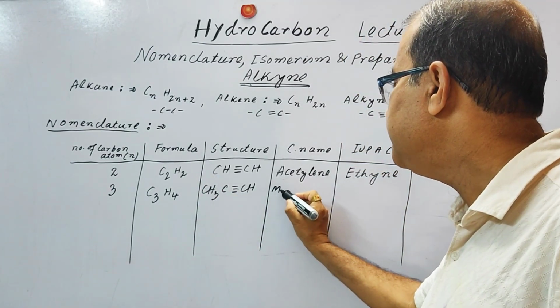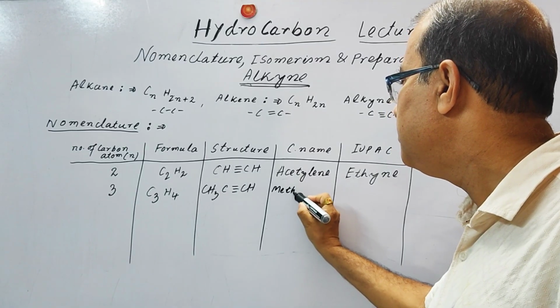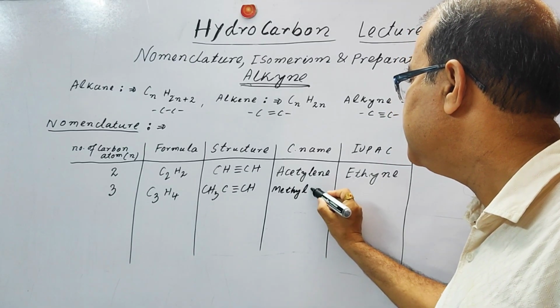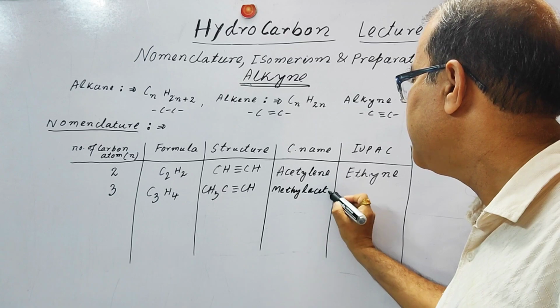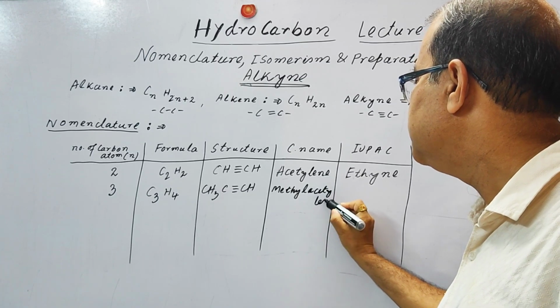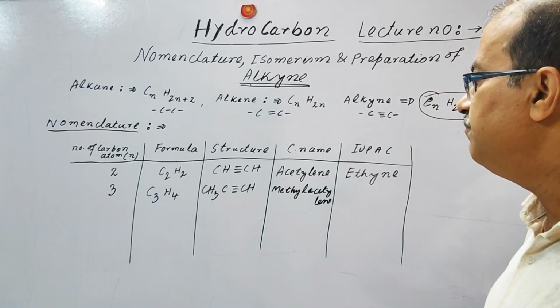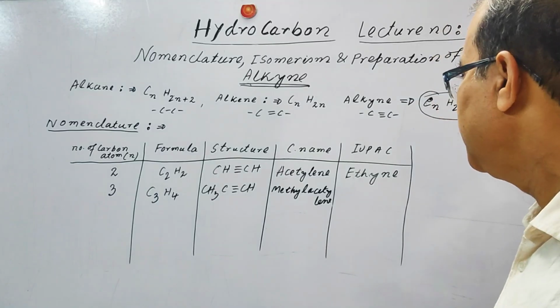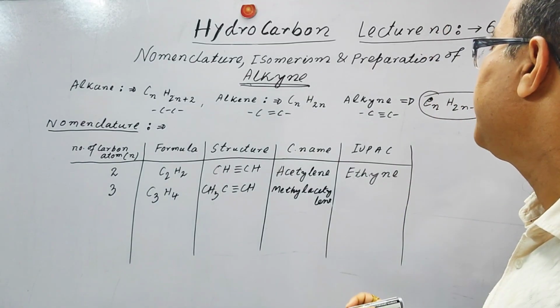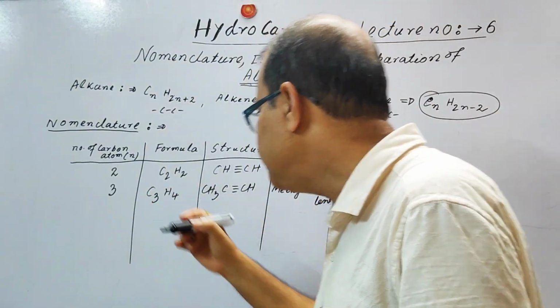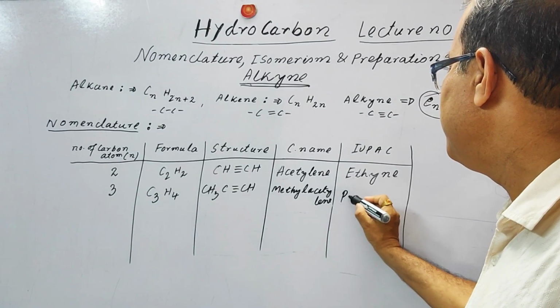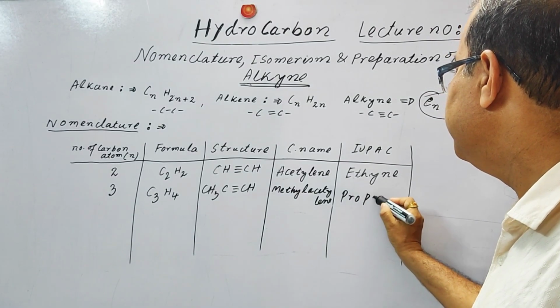So we can name it methyl acetylene. Methyl acetylene is the common name of this compound, and its IUPAC name, the hydrocarbon is propane, so its name will be propyne.